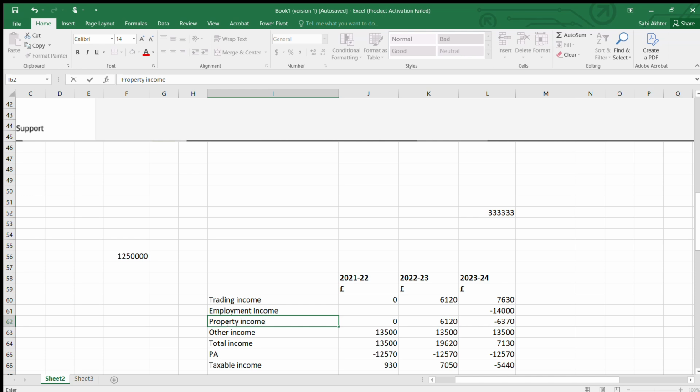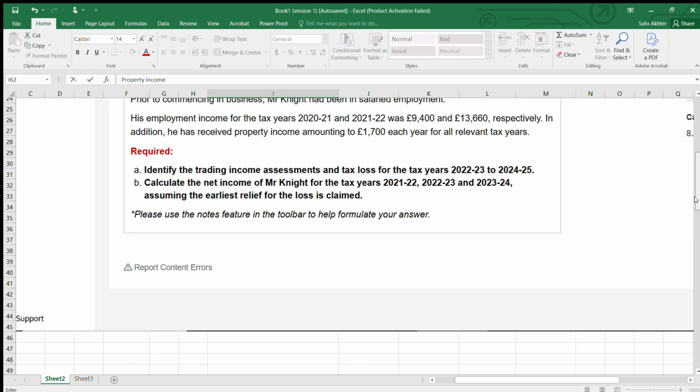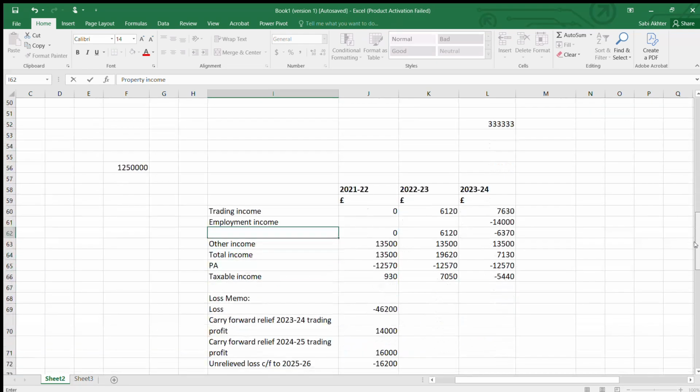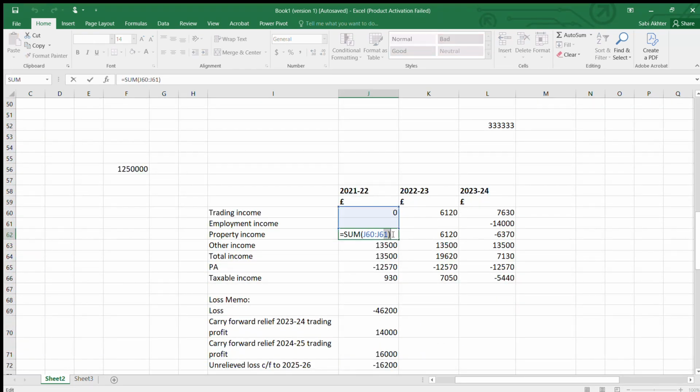That's why we need all the types of income. So employment income is only for one year. If you see, for 21-22, you have been given for 20-21 also, which is 9,400. We don't need that. It is 13,660 because only the first 3 tax years you can get relief for.